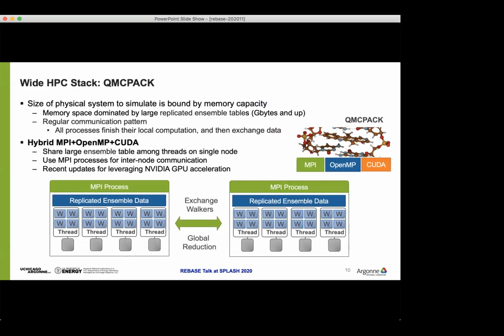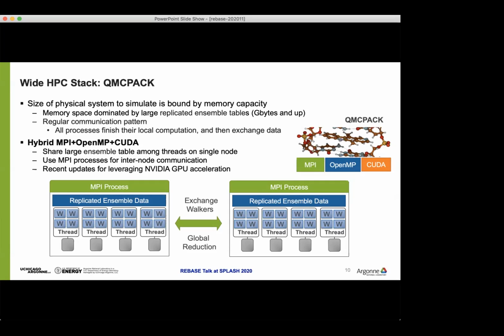Okay, so what QMCPACK needs to resolve from a computer science point of view is that the physical system is very large and bound by the memory capacity. Because their implementation involves a large replicated ensemble table that can be gigabyte size and more.